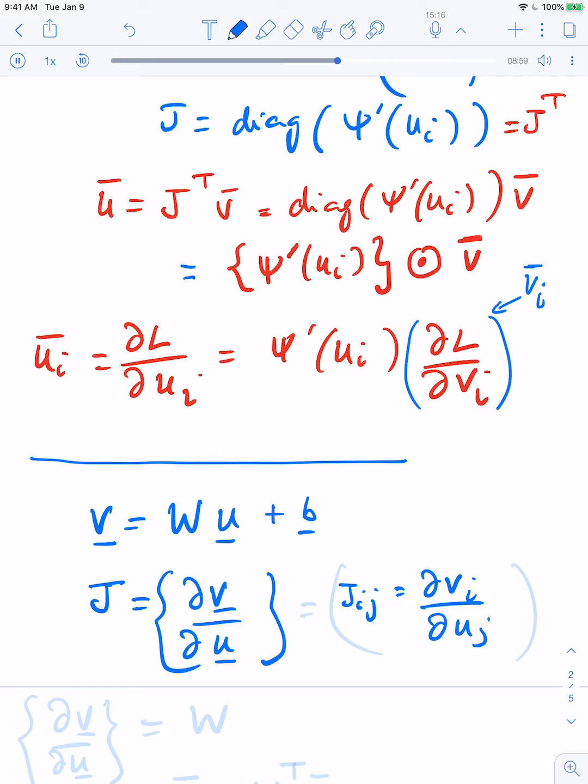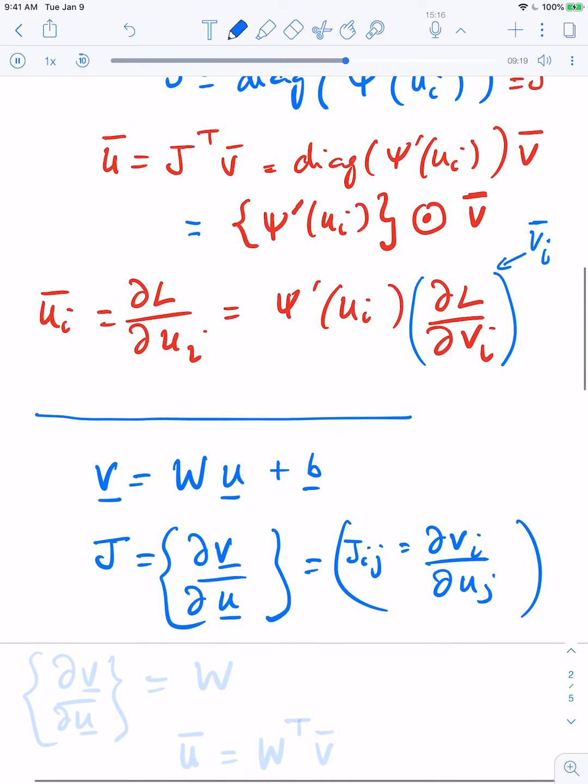So I might use this term for the Jacobian as well, or I could use this term for the Jacobian. But basically the bottom line is that the rows correspond to the V's and the columns correspond to the U's.